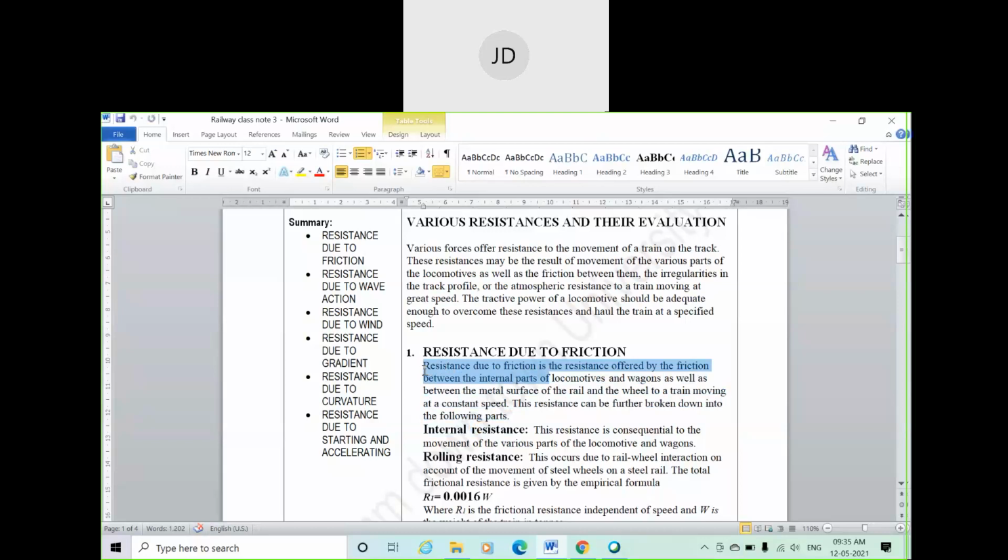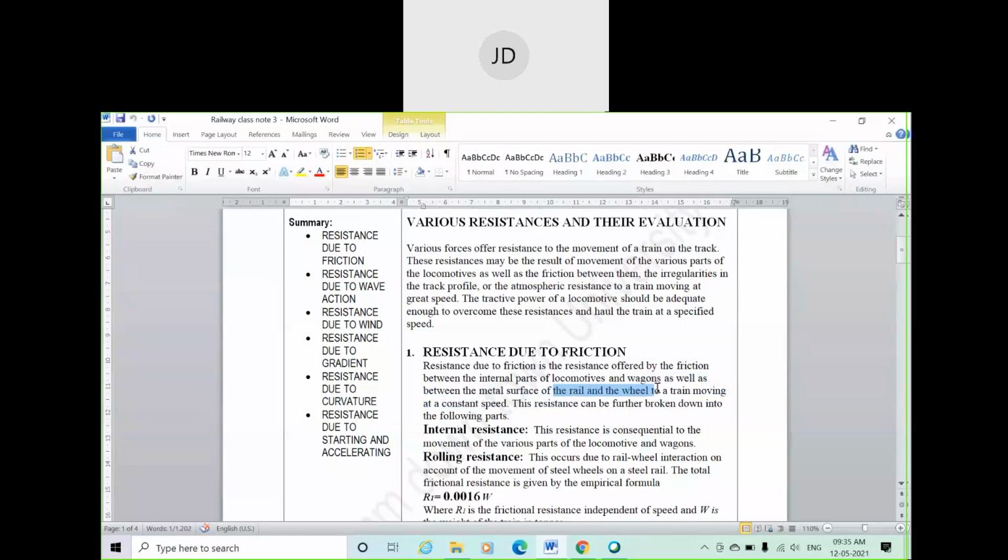And then the friction between the rail surface and the wheel of the train. We all know that the wheel moves along the rail only. That means the tread part, the rim part of the wheel, is always in contact with the top surface of the rail, so there is a possibility of friction. This friction between the rail and the wheel is considered rolling friction.